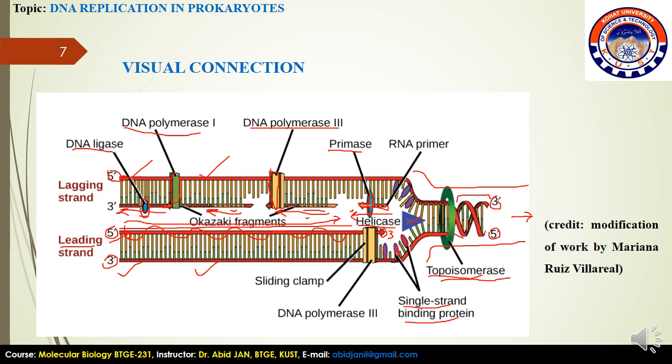The other strand, this one, complementary to the 5' to 3' parental DNA, is extended away from the replication fork. Now, this synthesis is occurring in this direction. This is the replication fork. The leading strand is approaching towards the replication fork, and the lagging strand is moving away from the replication fork.